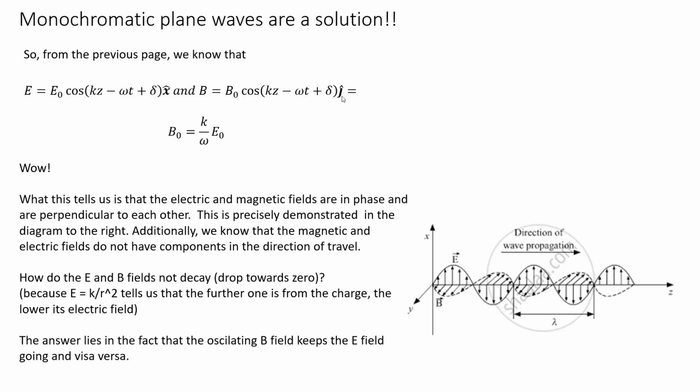J is another way of saying the Y direction. This is sometimes expressed as I. So I is the same thing as the X direction. J is the same thing as the Y direction. So they're in phase. They're perpendicular to each other. And what else? I think that's it.